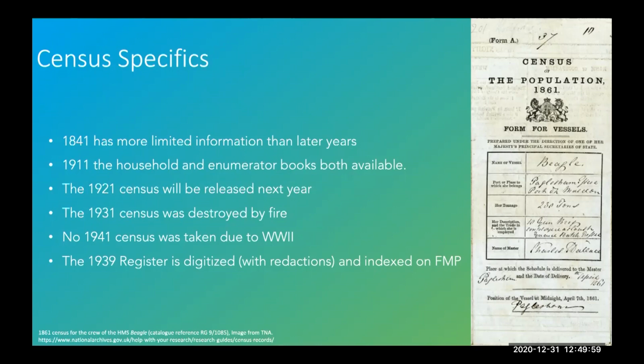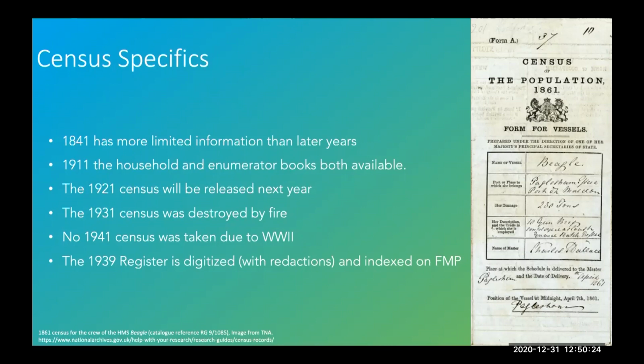The 1851 is the better beginning for us. It has precise birthplaces. And if you've dealt mostly with North American censuses, this will thrill you because it's going to list a parish or a town and a county where they were born. If they were foreign born, you won't be so lucky. So if you have an Irish person living in England, it'll just say they're from Ireland, or a Scottish person, an English person living in Scotland, it'll just say they're from England.